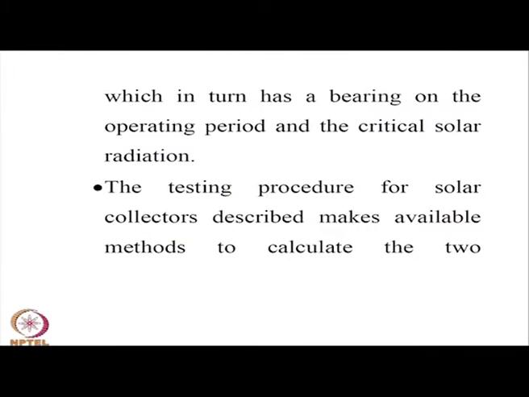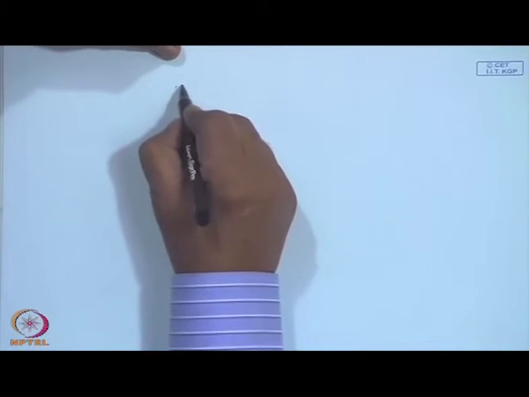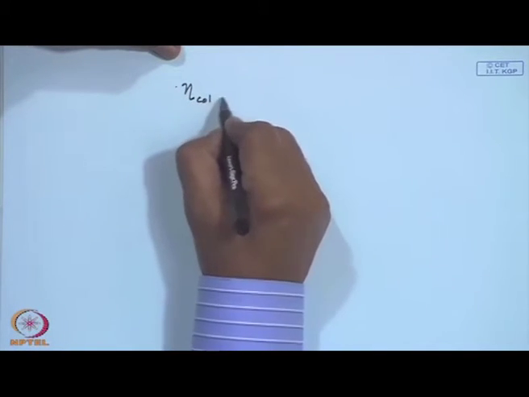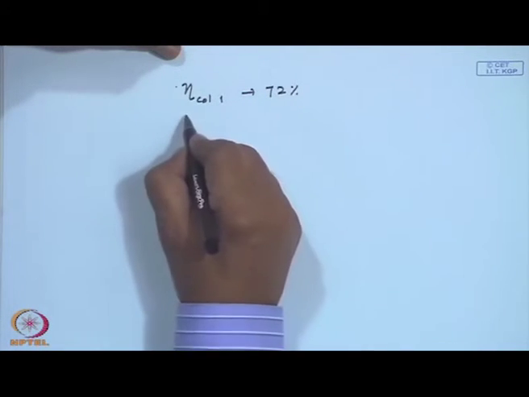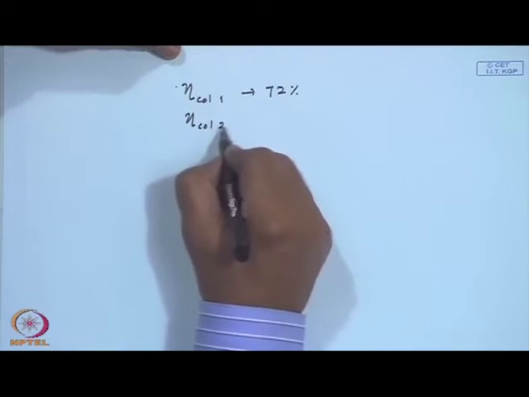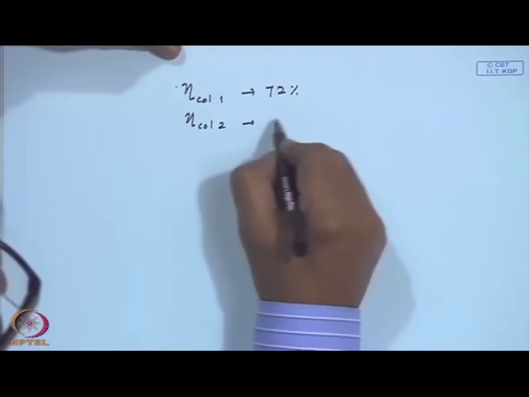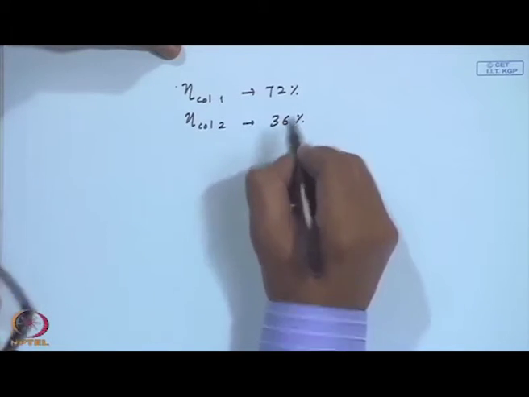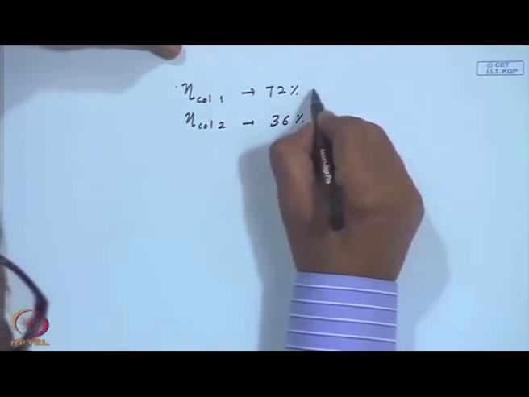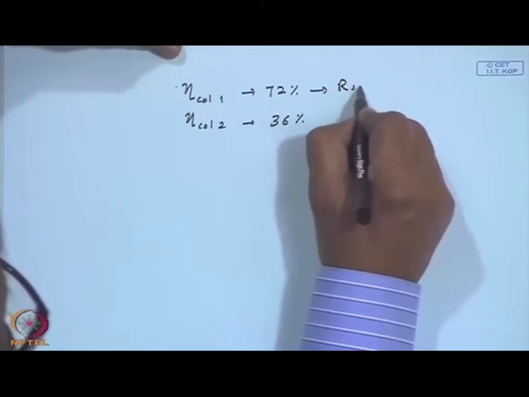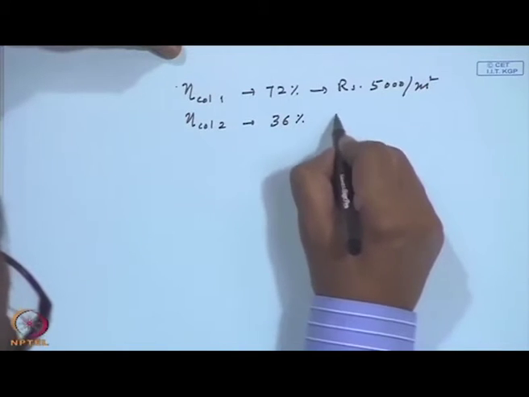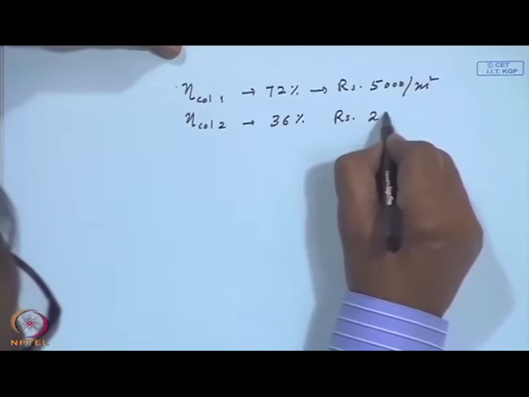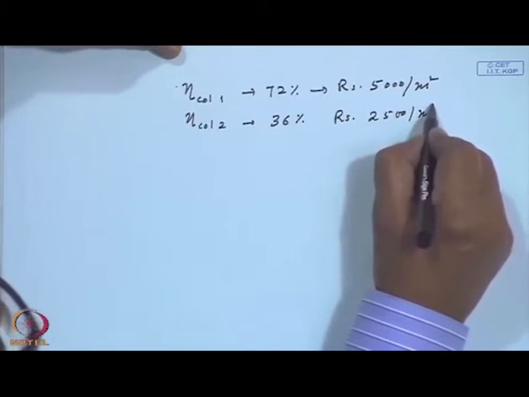You may wonder, let the efficiency of collector 1 be 72%, efficiency of the collector 2 be 36%. Okay. So, now this is, let us say, Rs 5000 per meter square, this is Rs 2500 per meter square. I have deliberately concocted these numbers.